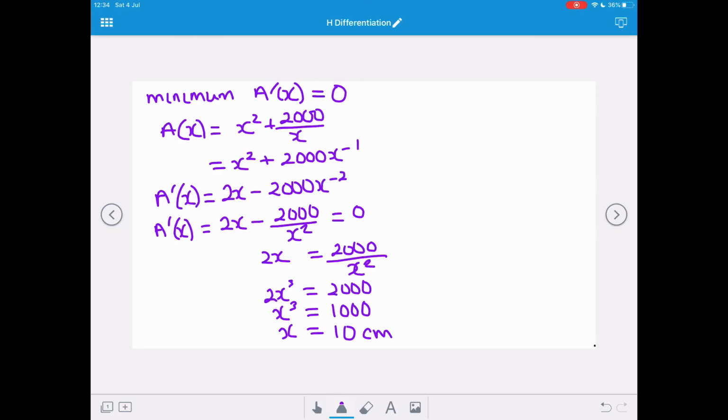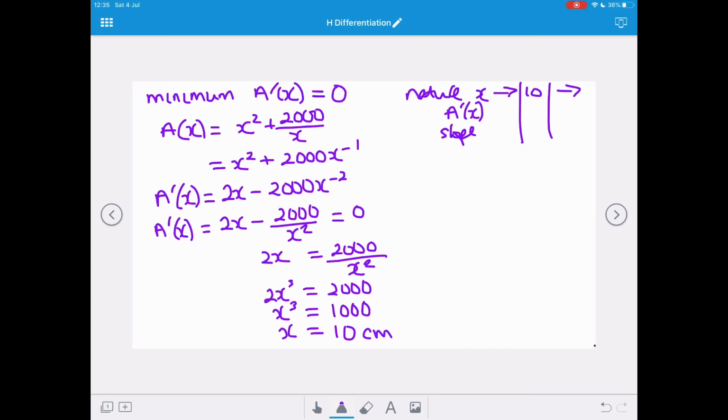Now we have to explicitly show that this is a minimum because it's an optimization question, and we're going to do that using a nature table. So we're looking at values of x leading up to 10 and beyond 10. And then we're considering what happens to the derivative and what the slope or the gradient is going to look like.